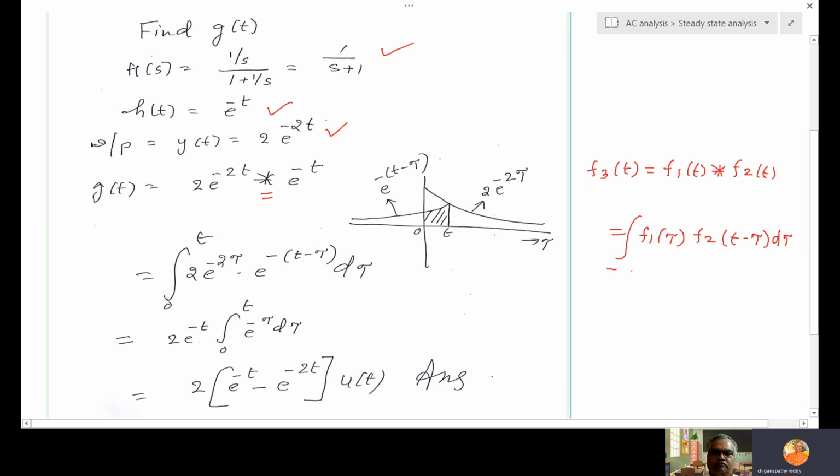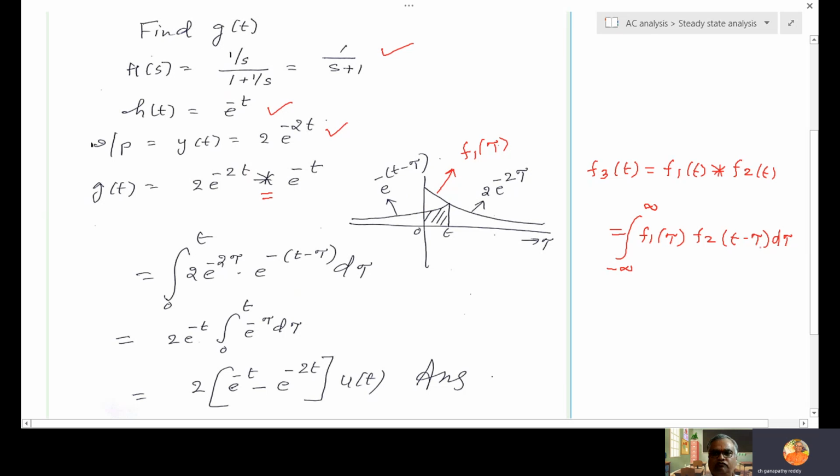In general, limits are from minus infinity to infinity. So here f1 tau. One function, change the variable. So 2 e power minus 2t changes to 2 e power minus 2 tau. T becoming tau. So this function is like f1 tau. What is the other function? f2 t minus tau. So in this function, tau is replaced with t minus tau.